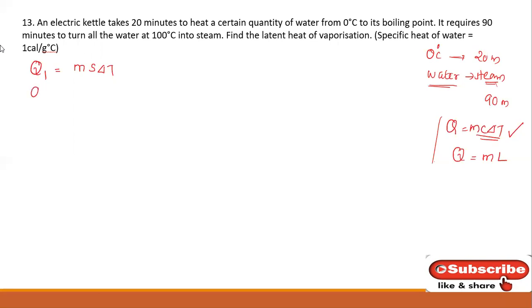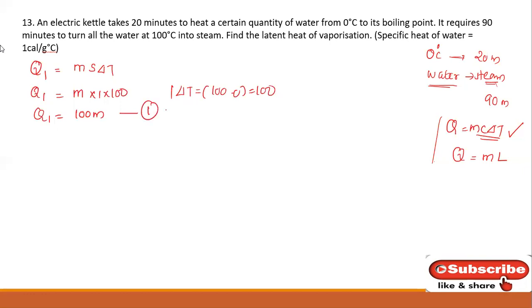On substituting the values, Q1 is equal to M into 1 into delta T, where delta T is the temperature difference from 0 to 100 degrees Celsius, that is 100 minus 0, which is 100. So we get Q1 is equal to M into 1 into 100. Let it be equation number 1.